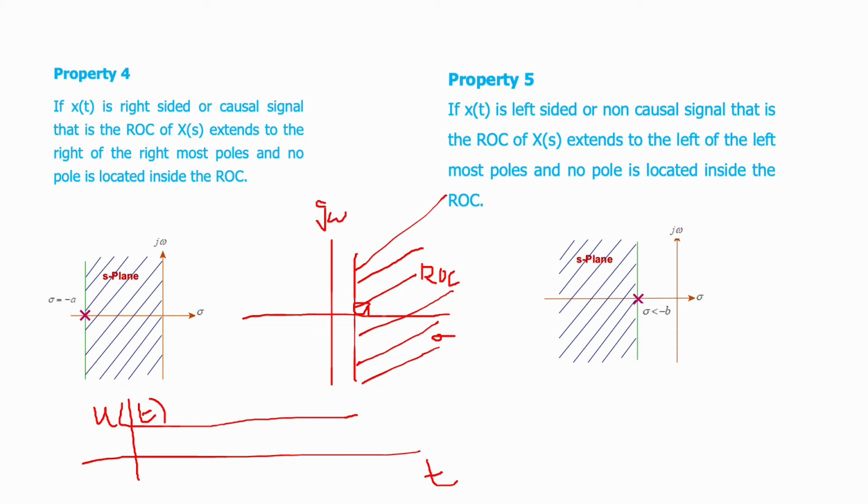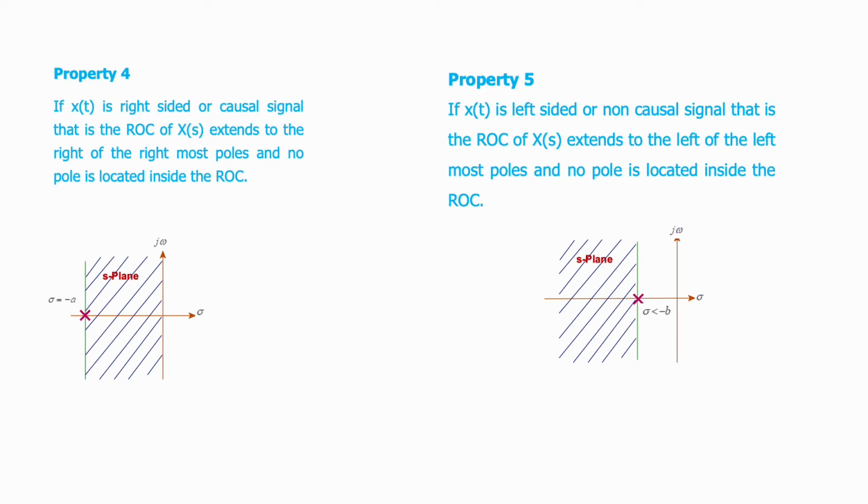Similarly, if you take a left-sided signal, all of you know that the left-sided signal is like this. This is u of minus t, and this is t. This is a left-sided or non-causal signal.